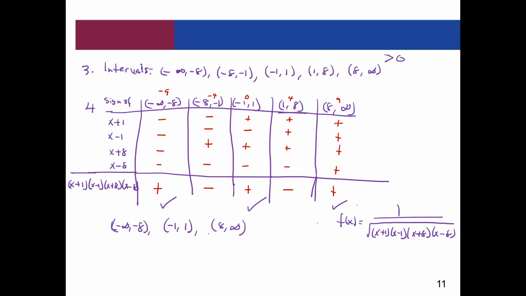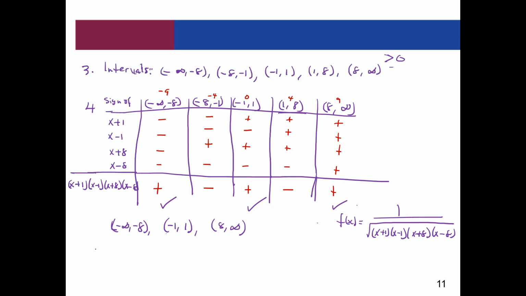Now if we include any of these, if x is negative 1, the denominator will be 0, so the function is undefined. If x is positive 1, the denominator will be undefined. If x is positive 8, the denominator is also 0, so the function is undefined. Even though the inequality says greater than, you don't even have to ask yourself that question. We cannot include any of these.